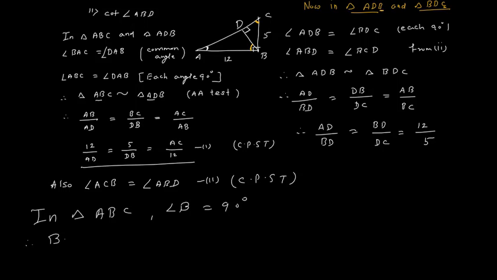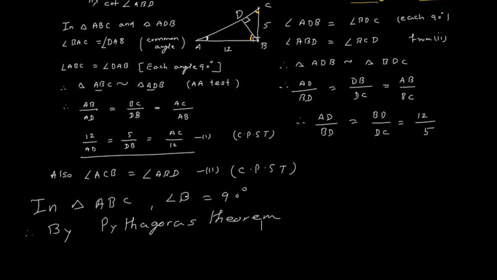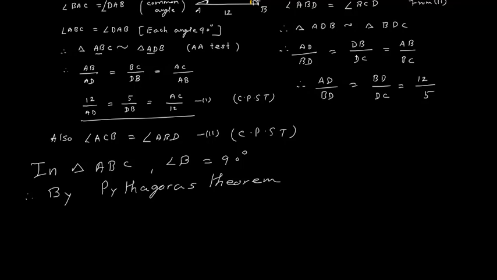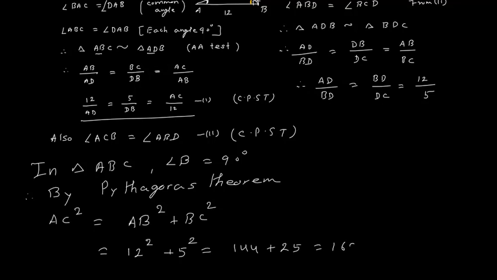Therefore by Pythagoras theorem, we have AC square is equal to AB square plus BC square. So value of AB is 12, so this is 12 square plus 5 square. So 12 square is 144 and 5 square is 25, this is 169.